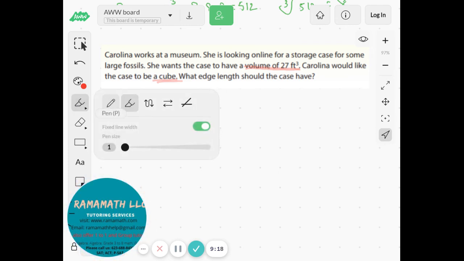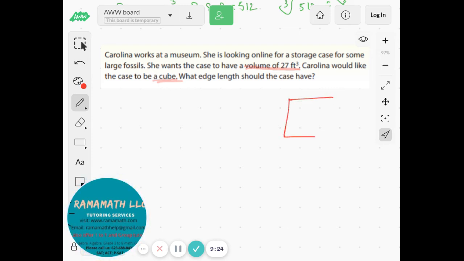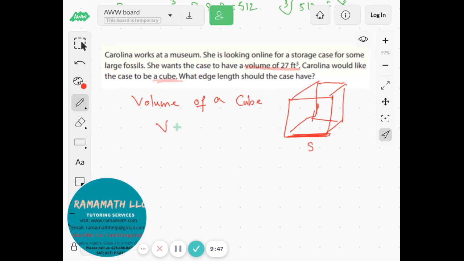That means the volume is given to you. Let's say the side length of a cube is, let's say the cube is like this. The side length of this one is, say, S. So the volume of a cube is S cubed.